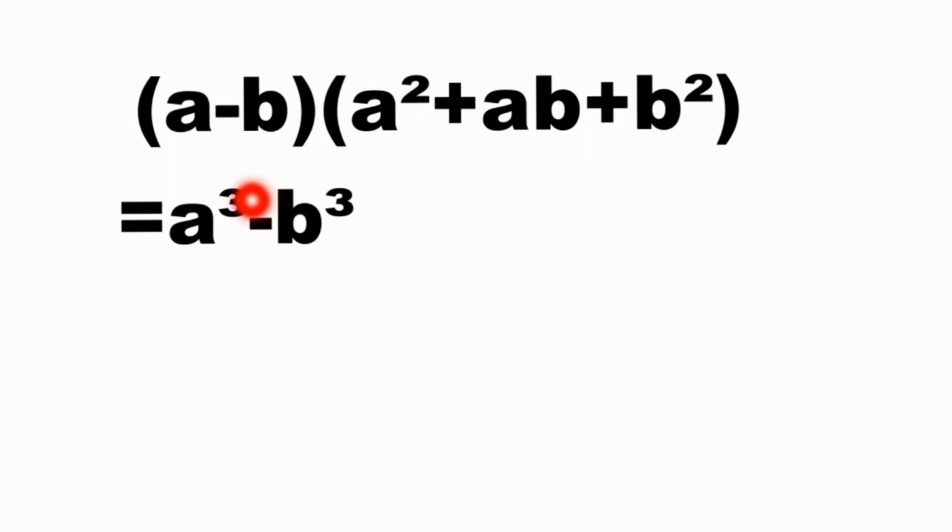So 3 minus 1, 3 minus 2 is 1. So the first term of the trinomial, we have here three terms, the first term of the trinomial is 1 less than the power of the answer.